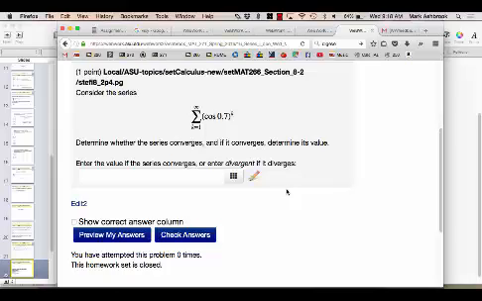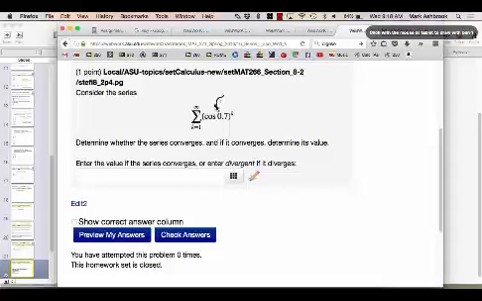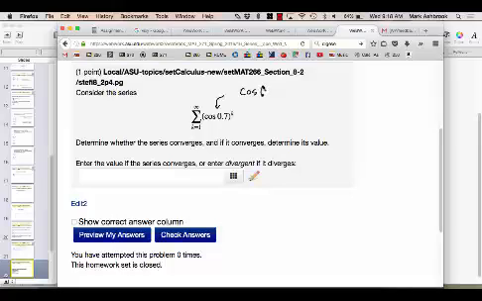You have a value to the k. So when does this converge or not? We're going to check what? Is cosine 0.7 between negative 1 and 1? Now this is radians, not degrees. 0.7 radians. Make sure your calculator is set. So if we're going to check it, what is cosine of 0.7 radians?